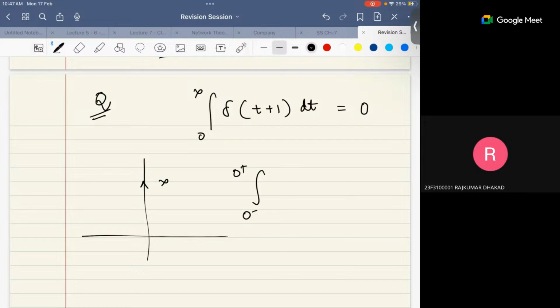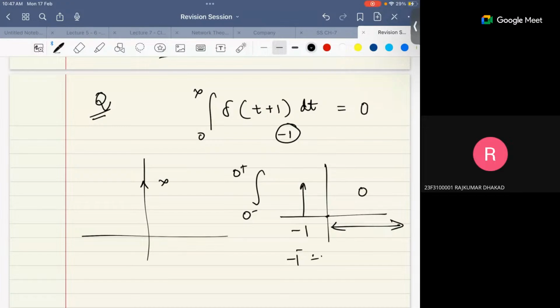Here the delta function is defined at minus 1, but minus 1 is not coming in, right? From 0 to infinity we are integrating. So the area will be 0 only here, correct? If you are integrating from minus 1 minus to minus 1 plus itself, then the area will be 1.